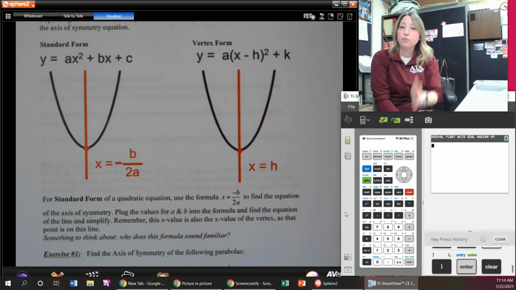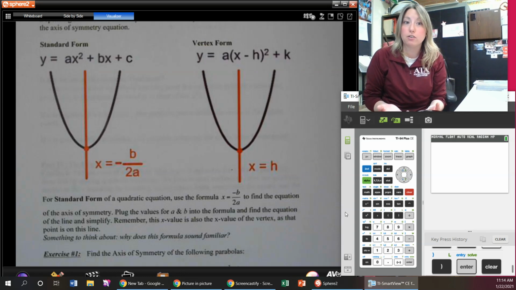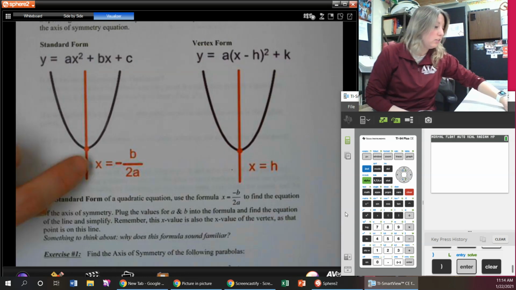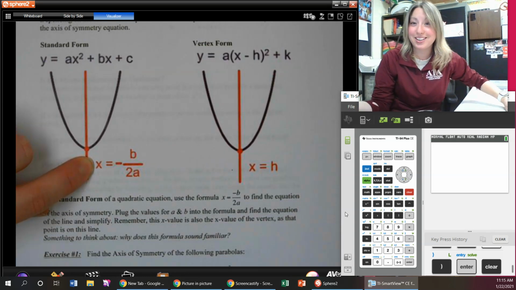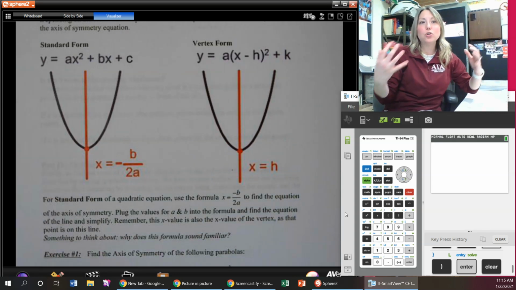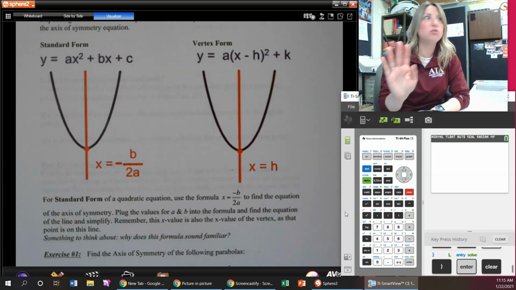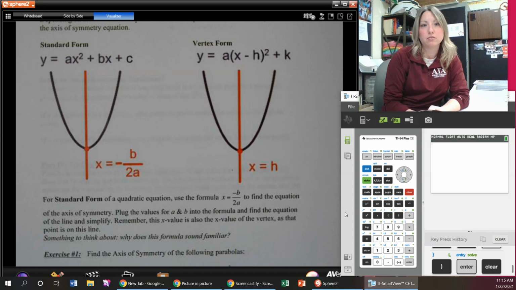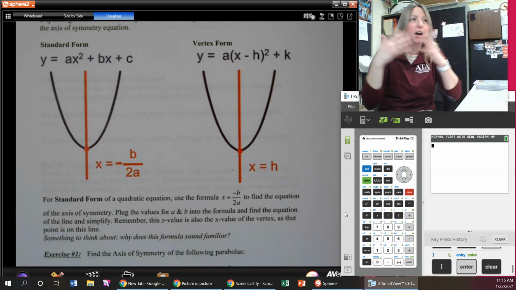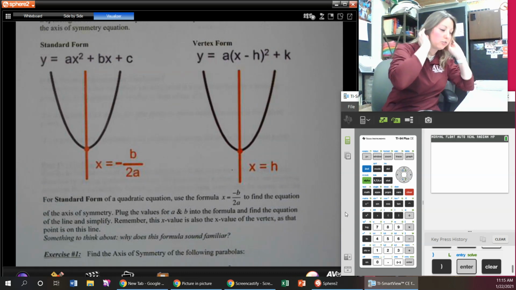Thankfully, it's always a vertical line, so it's always x equals, which makes it really easy to figure out. Keep in mind that is also what the formula is: x equals negative b over 2a. So you'll remember that it'll automatically be written in there. But please, don't ever tell me that your axis of symmetry is just a number. I can't acknowledge that. It's always an equation.